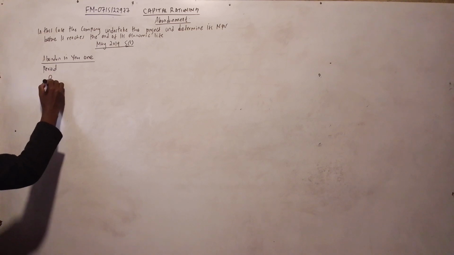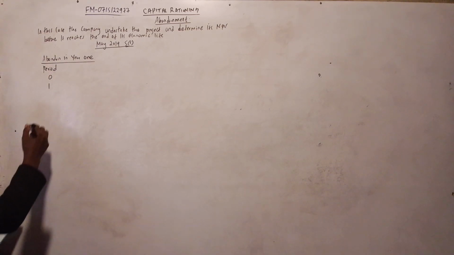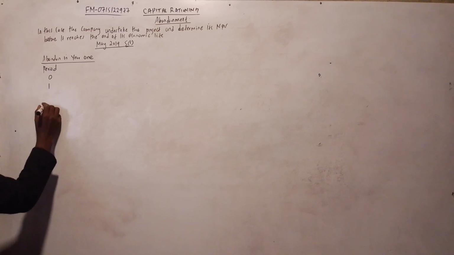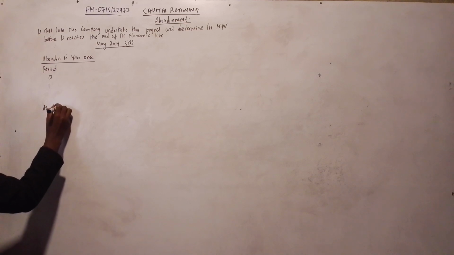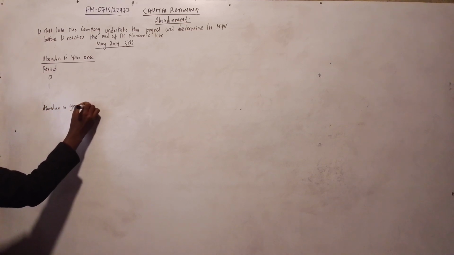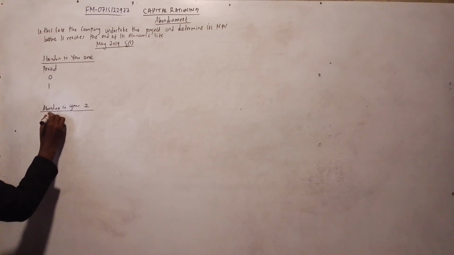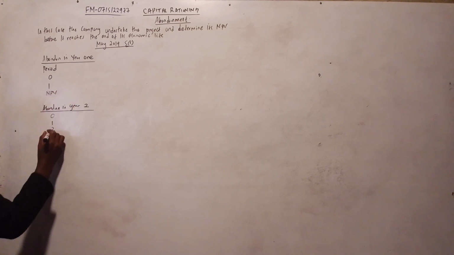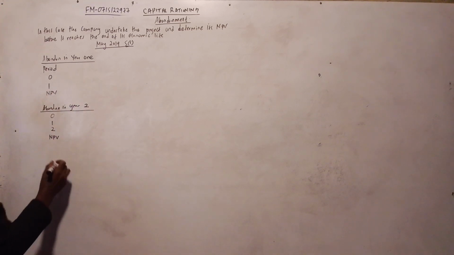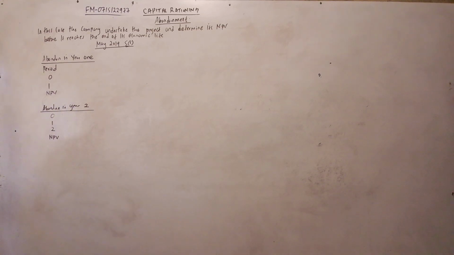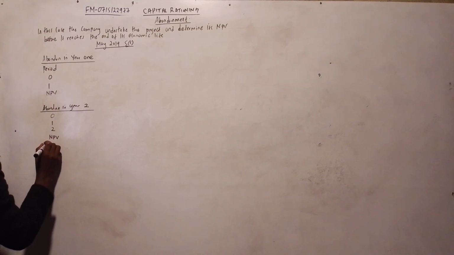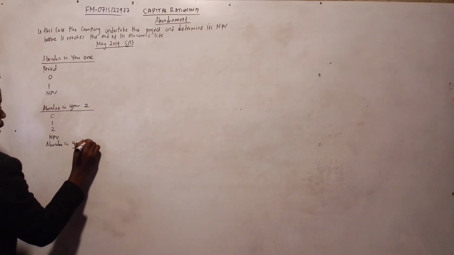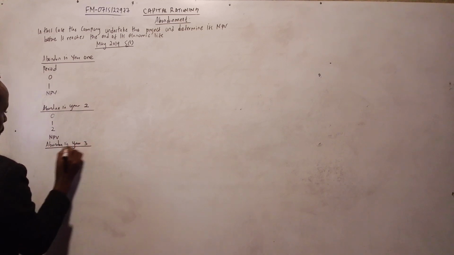Then if we abandon it in year 2, the period will be 0, 1 and 2, then you get the NPV below. Our project goes up to year 4, so remember abandon in year 3 will be 0, 1, 2, 3 and the NPV.